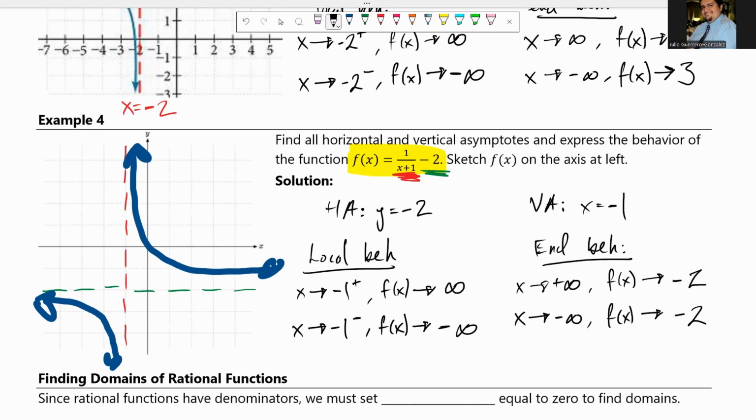All right. So hopefully you guys see, first of all, how and where I'm getting the horizontal asymptotes, where the vertical asymptotes are showing up, and then how to describe the local behavior, using rational functions in particular to demonstrate the nomenclature, how to write this down.